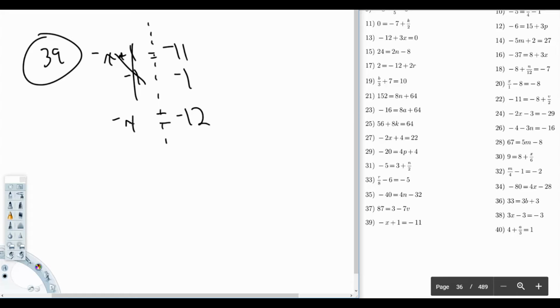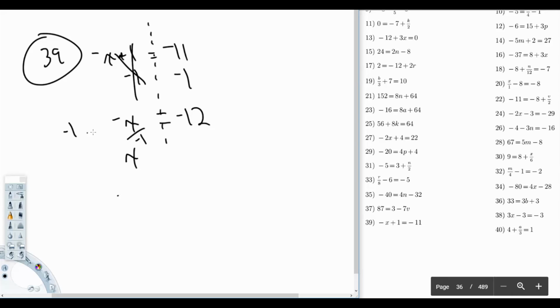Look at how tricky this is. This is negative x. How do you get rid of negative x? Well, you can multiply by negative 1. That's one way of getting rid of that, right? Because a negative 1 times negative x will equal x. Or you can divide by negative 1 also. Take your pick.